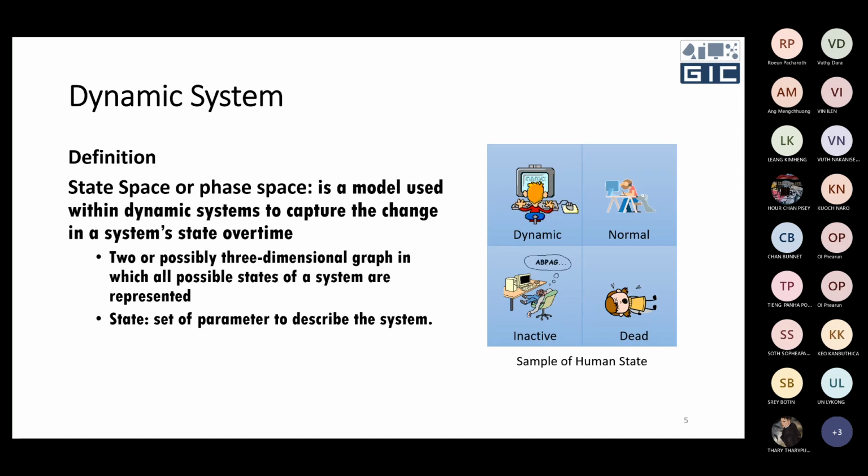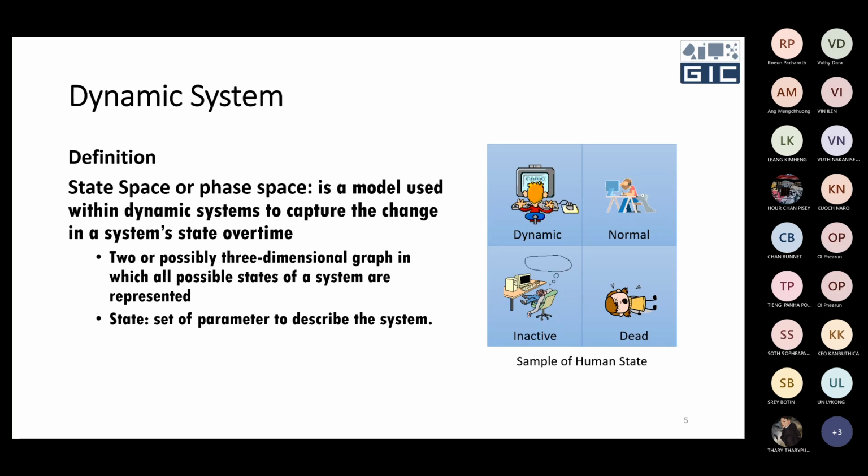For example, in order to describe something, like I say, this is just only an example, to describe humans, we have like two properties to describe the state of the humans. In order to describe the state of a dynamic system, it can be two or three or multiple dimensional graphics to show for our system.